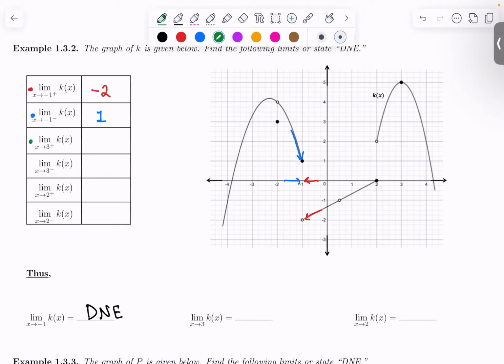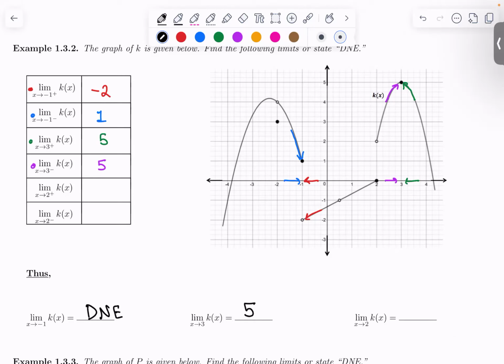The limit as x approaches 3 from the right approaches 5. And 3 from the left, also 5. So the full limit does exist because they're both equal. We didn't even really need the one-sided limits to figure that out.